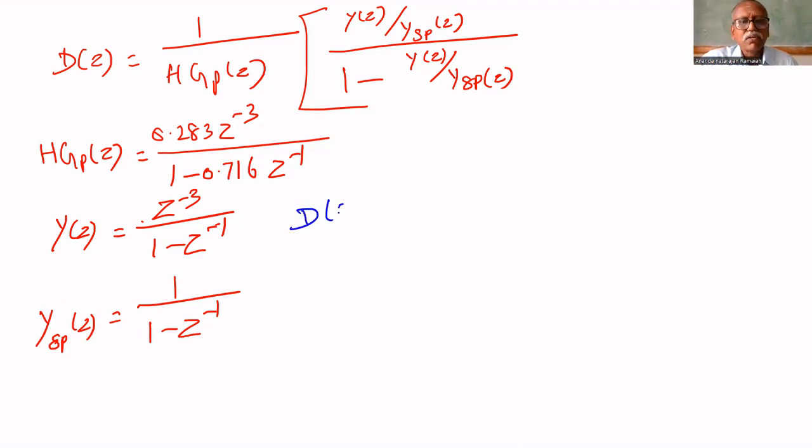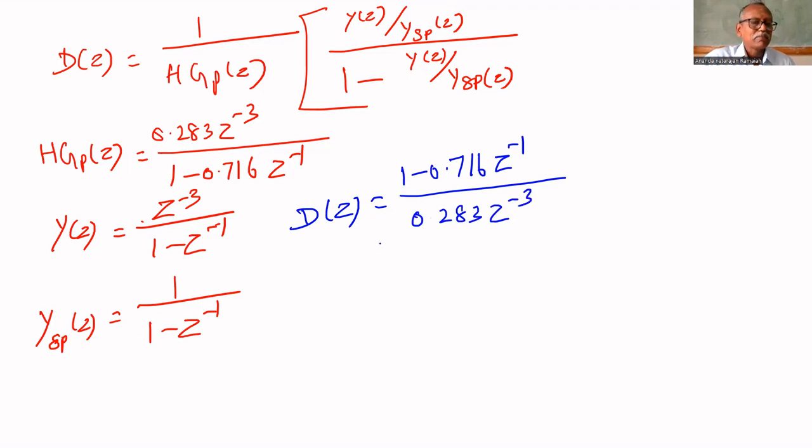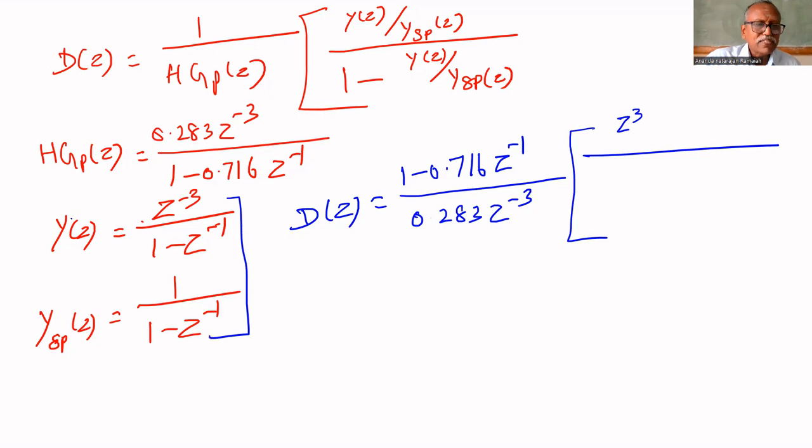D of Z equal to, if you substitute this, you will get 1 minus 0.716 Z power minus 1, whole divided by 0.283 Z power minus 3, multiplied by Y of Z by Y set point of Z, which is Z power minus 3 divided by 1 minus Z power minus 3.